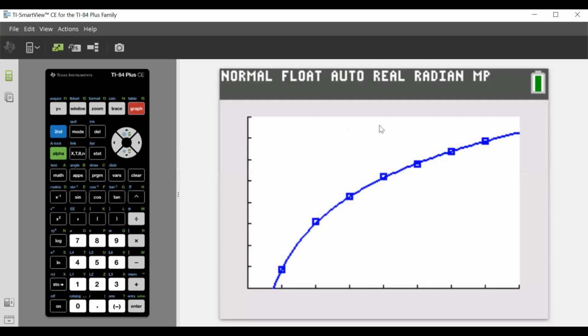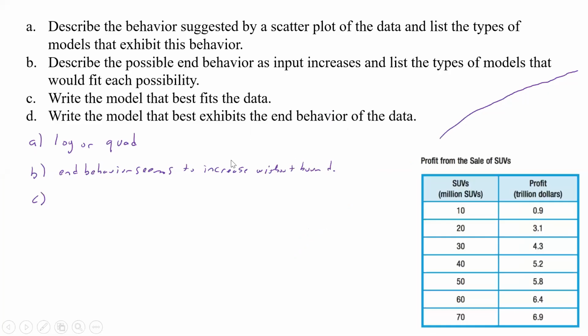So let's go back over here. The one that fits the graph is the log function. And so P of S, I guess, S for number of SUVs sold, is going to be equal to negative 6.112 plus 3.059 ln of S. Probably should have chosen a different letter, but that's okay.